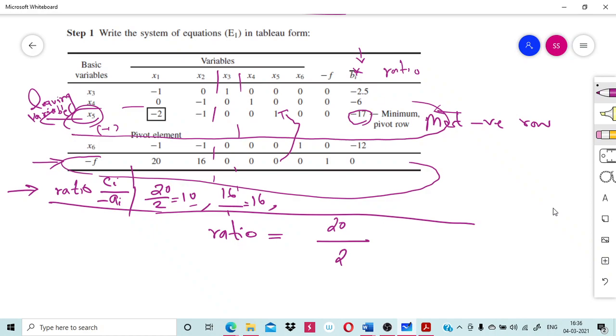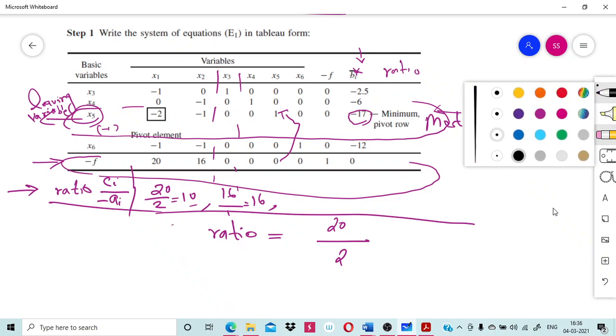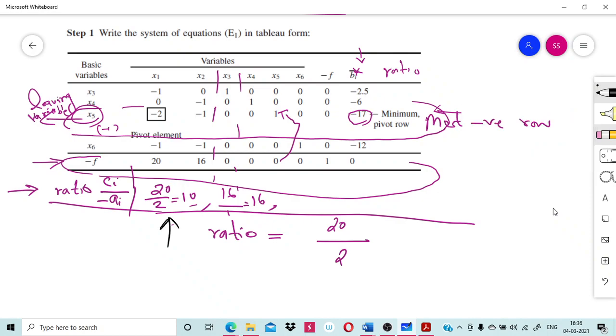So this 10 is minimum, and the column corresponding to 10 is the x1 column.